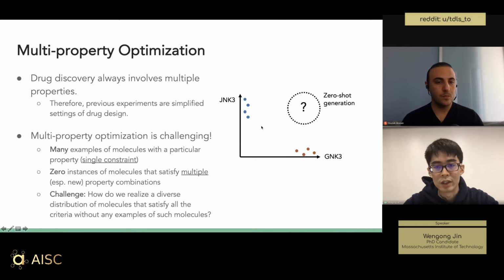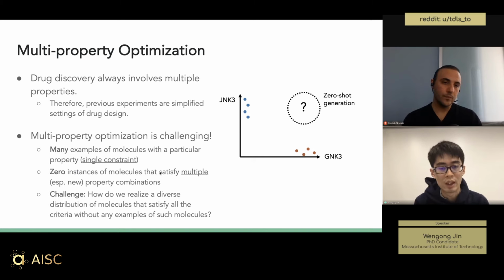As you can see here, in my data set we have many JNK3 inhibitors, GSK3 inhibitors, but we don't have these dual inhibitors that inhibit both proteins. That is actually very critical for treating Alzheimer's disease. So the challenge here is, how do we realize a diverse distribution of molecules that satisfies all the criteria without examples of such molecules?